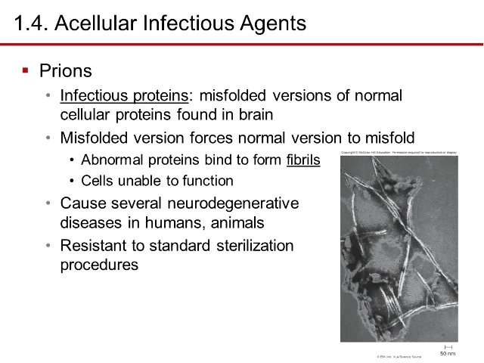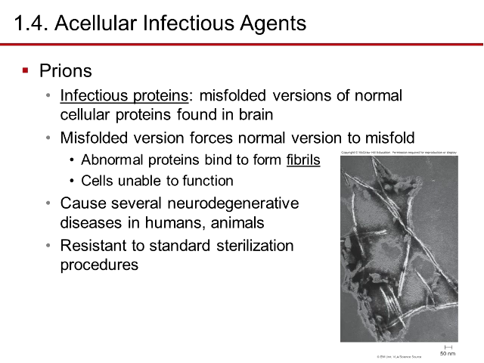Prions, if you think about the mad cow disease scare we had in the 1990s in Europe and in Canada, as a matter of fact, because they got much of their beef from Europe. Prions are infectious proteins. They have misfolded versions of normal cellular proteins found in the brain. The misfolded versions force normal versions to misfold. In other words, it causes other proteins to break down.